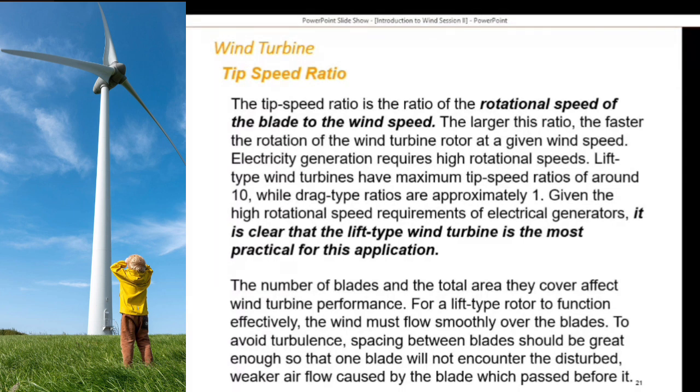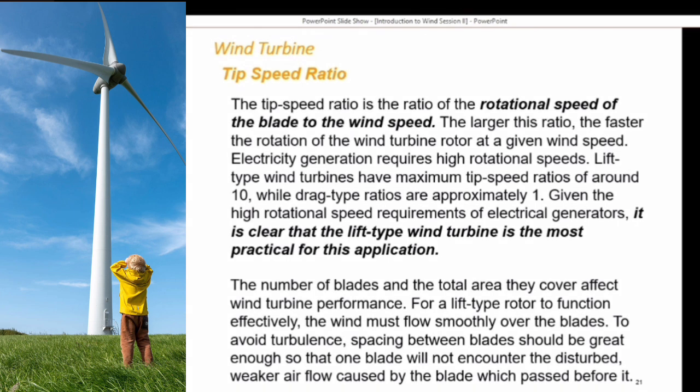And remember, the wind has its speed, and the speed of the wind is not the same as the speed of the rotor.